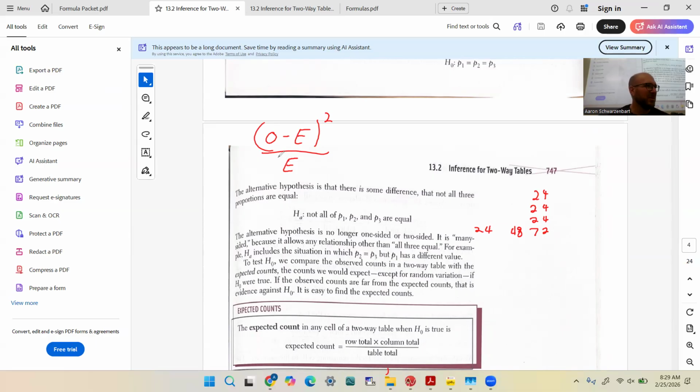Yeah, and then you add them all up. So calculating the expected count, though, this is where your totals become really important. Expected count becomes row total times column total divided by table total. That becomes important information to know in case you have to do it by hand, or if they ask you what is the expected count.